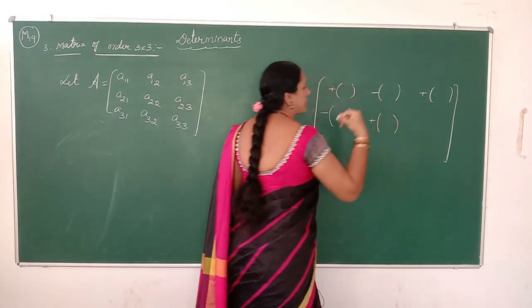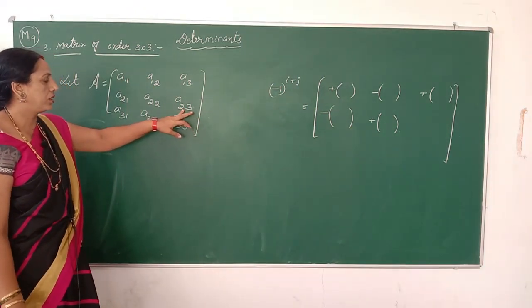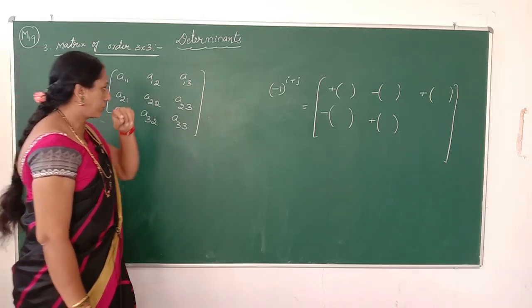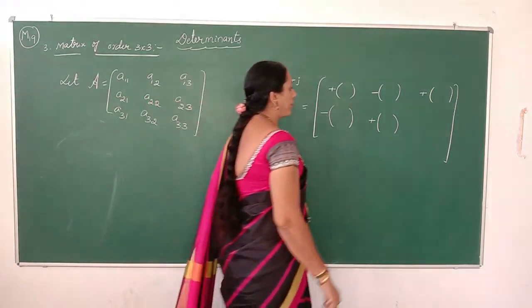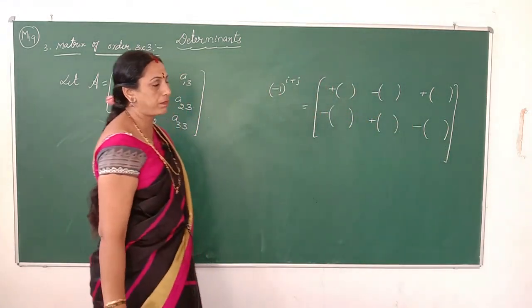Therefore, the next element is multiplied by positive. And the last element A23: i is equal to 2, j is equal to 3, 2 plus 3 is 5, and (-1) to the power of 5 is minus.